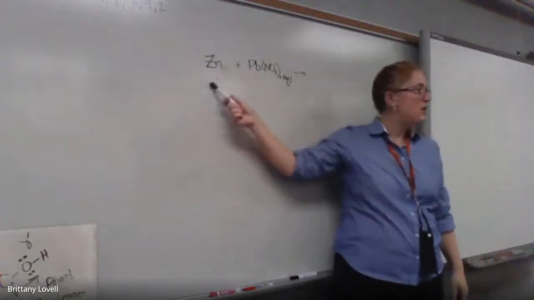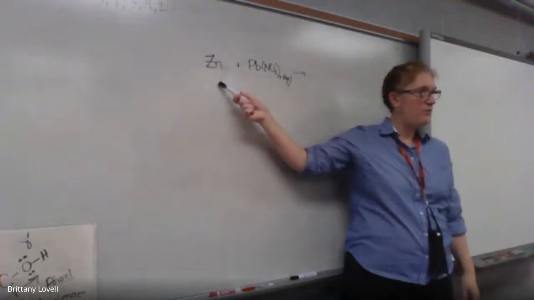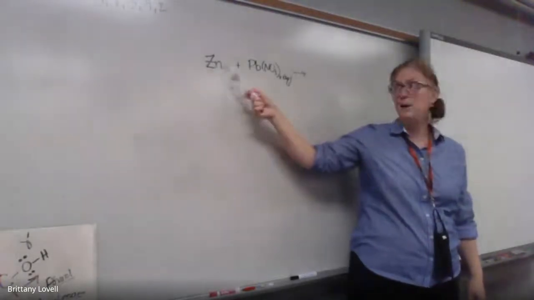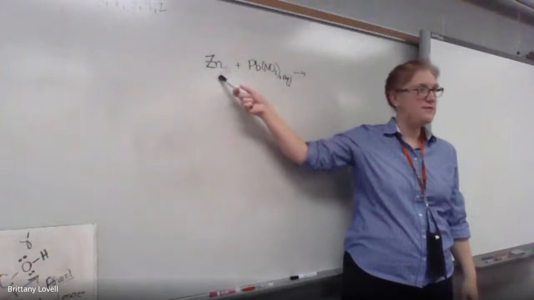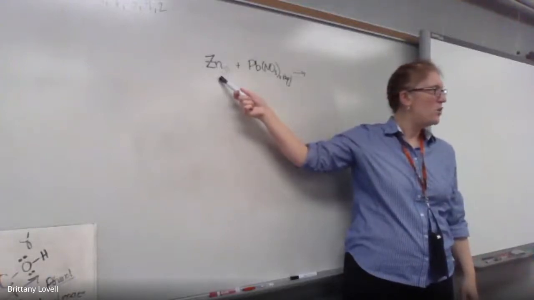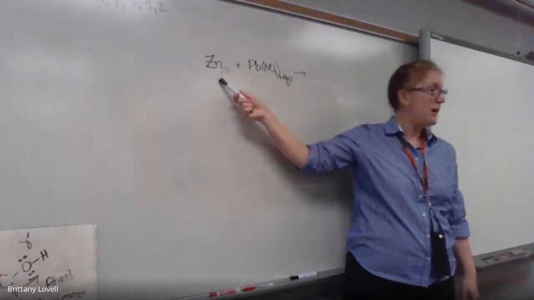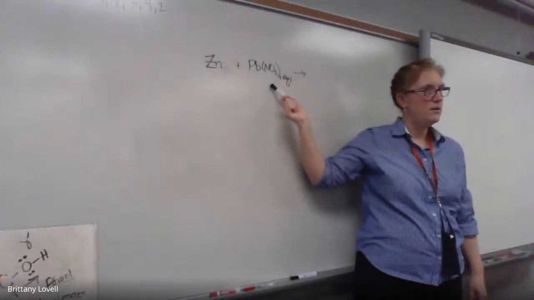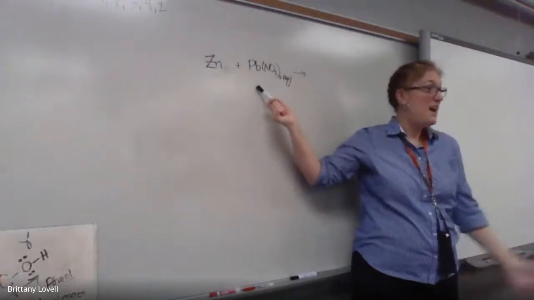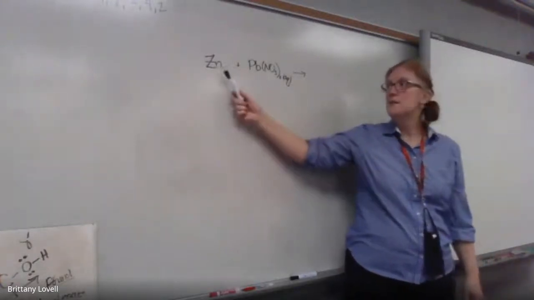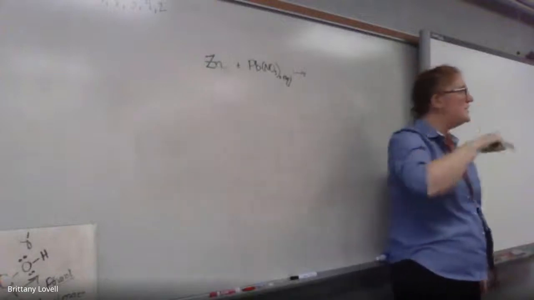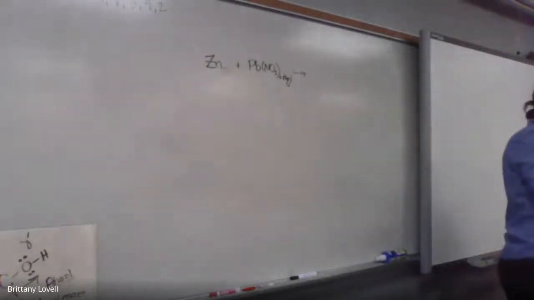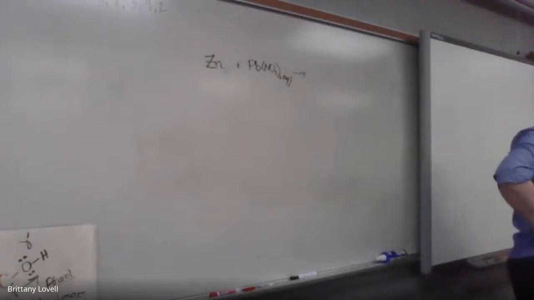So you always have to look at the single and ask yourself, is there something in the compound that is similar to what this is? What is zinc? Is it a metal or a non-metal? It's a metal. Is there a metal in this compound? Yeah, lead. Yeah, the lead too, right? So now the question becomes, could zinc metal replace lead metal and swap places with it?